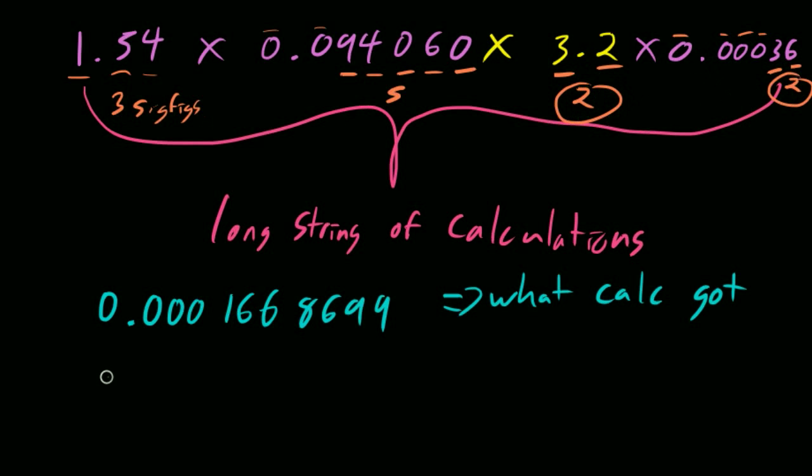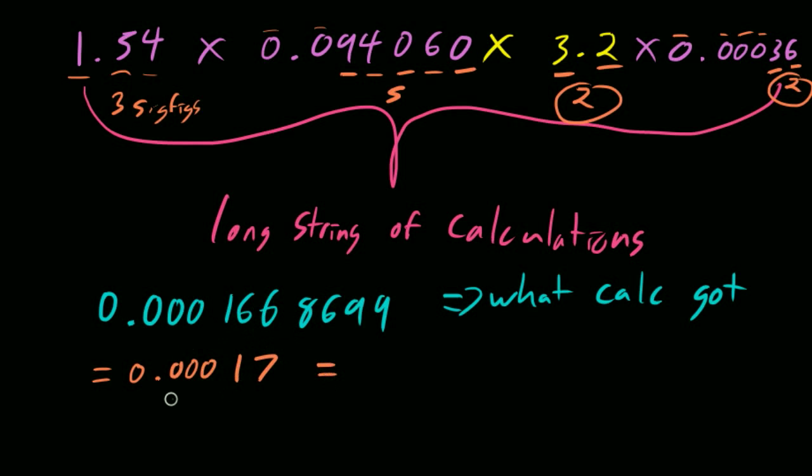So what we are going to say is that this is going to be written as 0.00017. The number to the right of the least significant figure was a 5 or higher, so we're going to round up. And how about if we wrote this in scientific notation? We've got enough zeros to write in scientific notation, and scientific notation also gives us a great way of keeping track of how many sig figs we have.